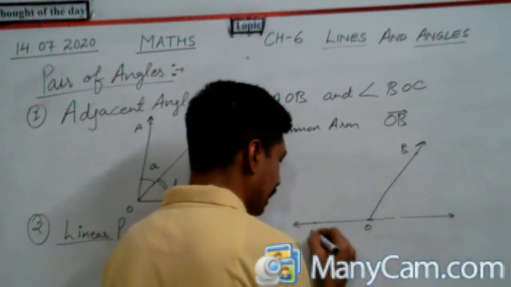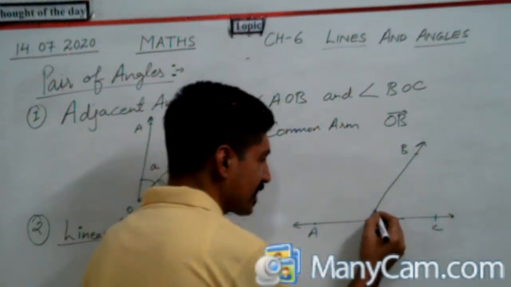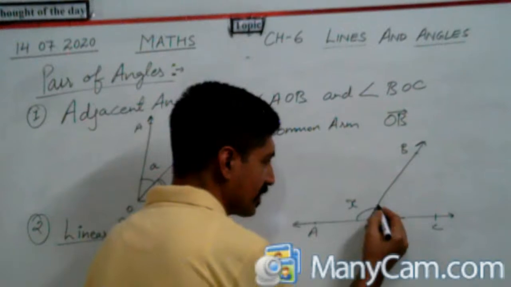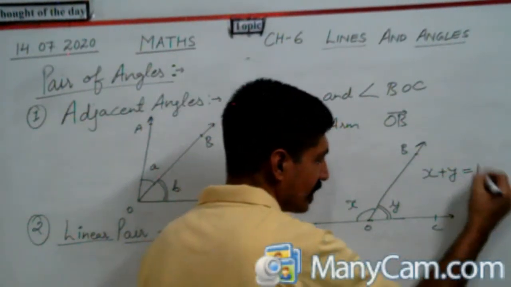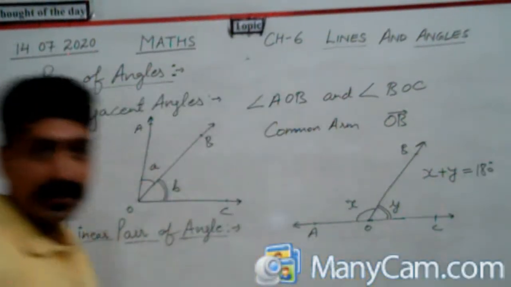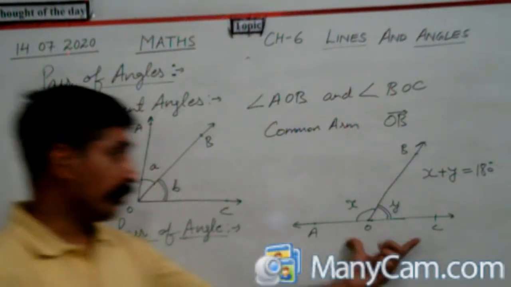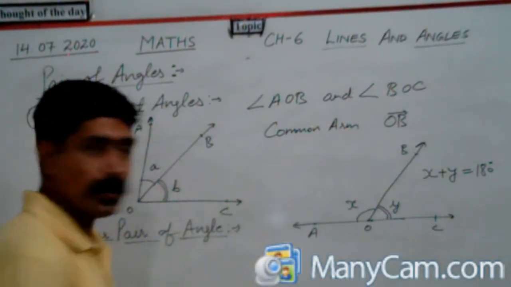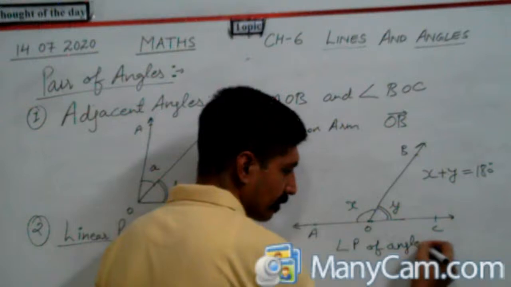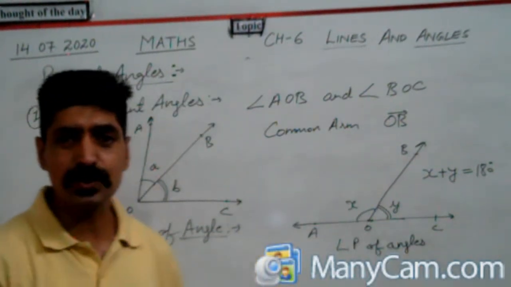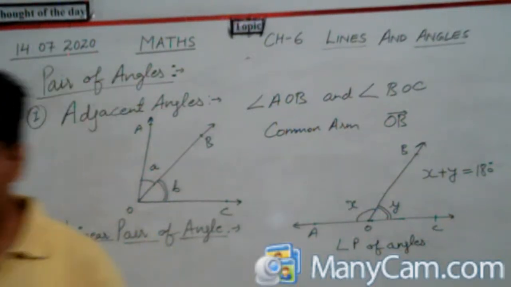One point is A, then OB and BOC. Now let one angle be X and the other angle be Y. If X plus Y is equal to 180 degrees, then we are saying that these two angles are a linear pair of angles. Right? Then these two are called linear pair of angles.